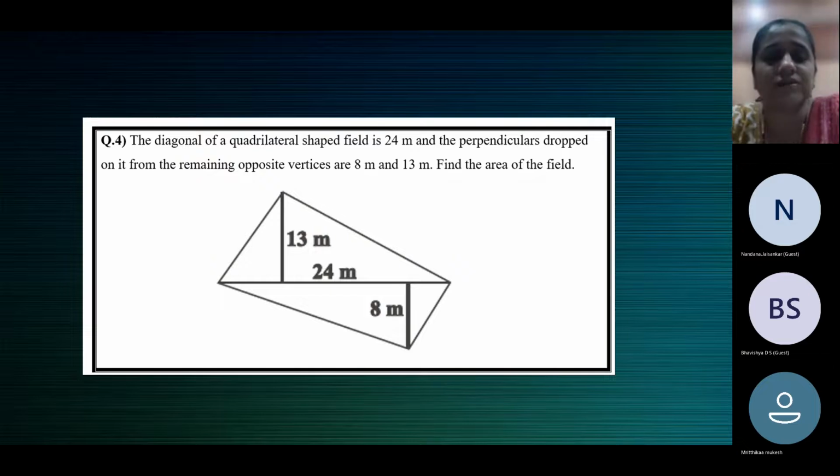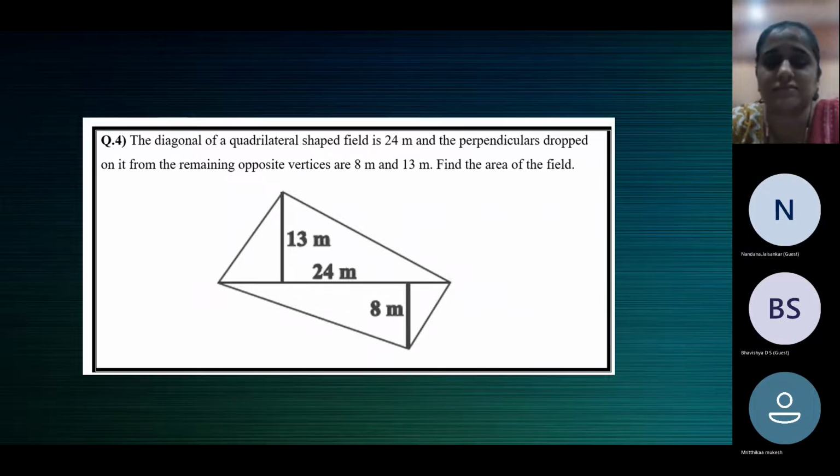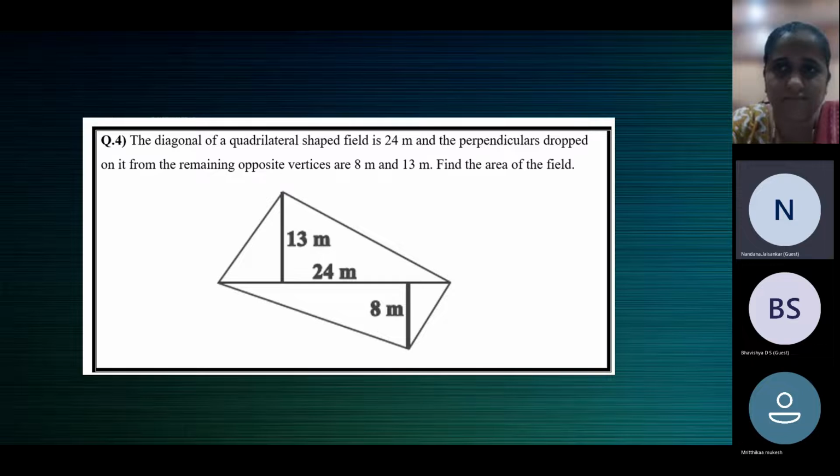What's the formula to find the area of a quadrilateral? Recall the first sum we did. Half into base into height. Area of a quadrilateral: half D into h1 plus h2.